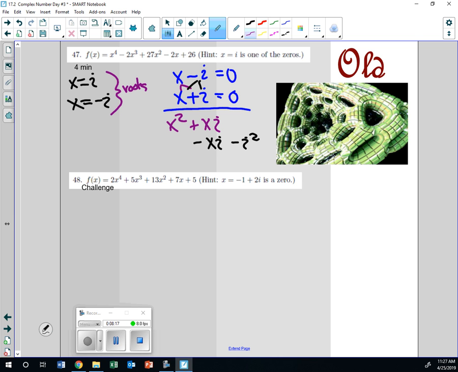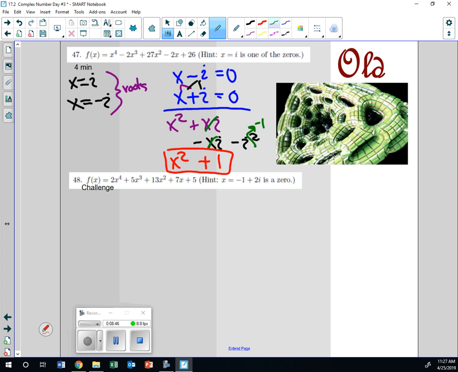Now what was i squared again? Negative 1, yep. Okay, so what's the opposite of negative 1? 1. So these two cancel out, and you're going to get x squared minus a negative 1. That is the real factor, I should say.